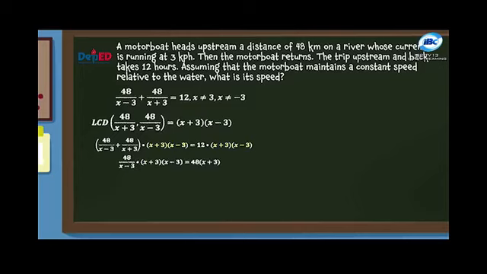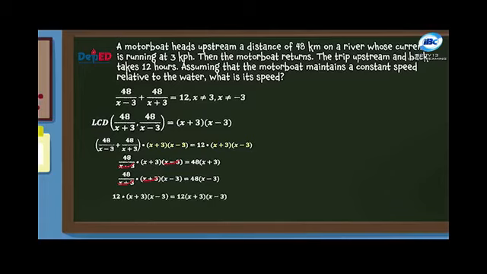By cross-cancellation, 48 over x minus 3 times the LCD, binomial x plus 3 times binomial x minus 3, is equal to 48 times the binomial x plus 3, and 48 over x plus 3 times the LCD, x plus 3 times binomial x minus 3, is equal to 48 times the binomial x minus 3.